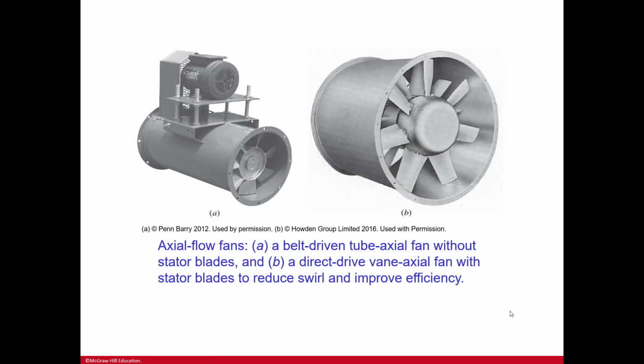So here for axial flow fans, you have A, which is a belt-driven tube axial fan without stator blades, and then B is a direct-driven vane axial fan with stator blades to reduce swirl and improve efficiency.